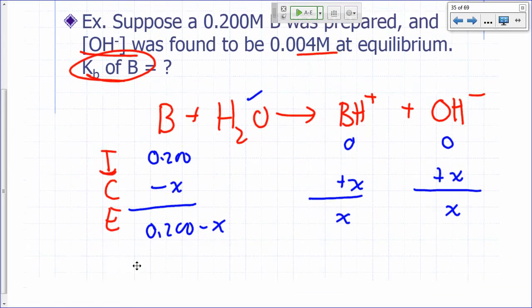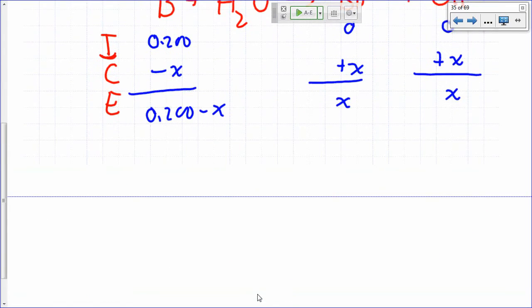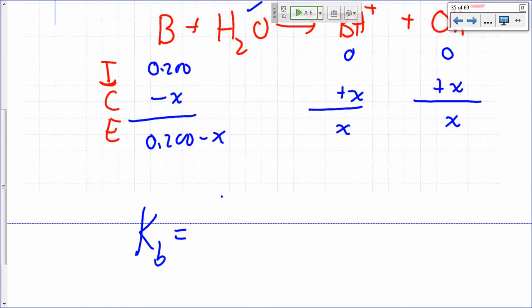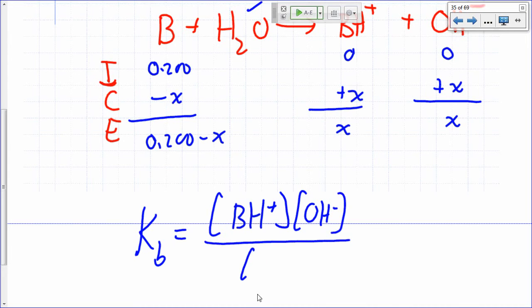What's your expression for Kb? Products over reactants, right? So concentration of BH plus, concentration of hydroxide, over concentration of B. Activity of water is 1.